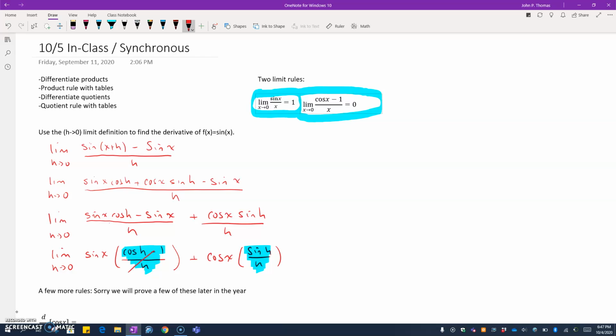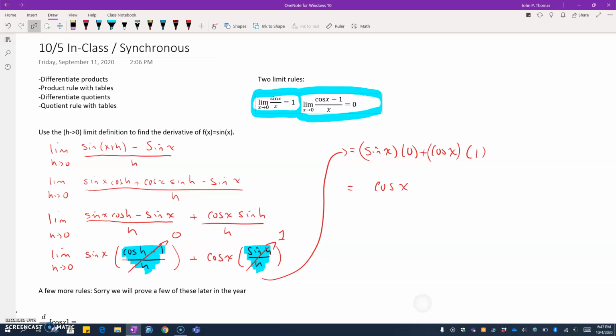So this first one, we know would go off to a 0. All right, this second one, we know would go off to a 1. So if I apply that limit, I would end up with sine x times 0 plus cosine x times 1. All right, which would result in cosine x.